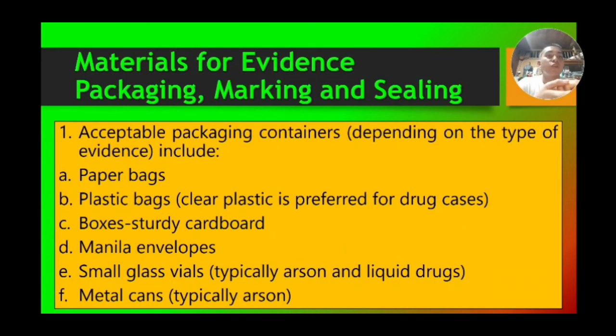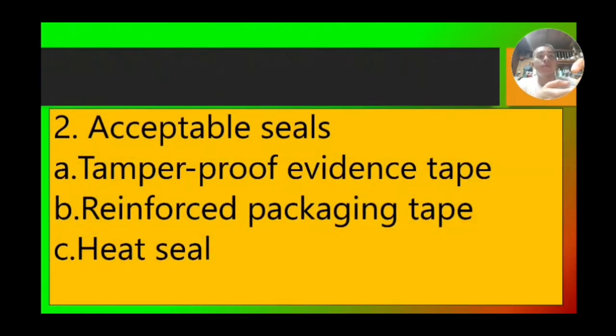Acceptable packaging containers depending on the type of evidence include paper bags, plastic bags, boxes, sturdy cardboard, manila envelopes, small glass vials, and metal cans. Acceptable seals are the tamper-proof evidence tape, reinforced packaging tape, and heat seal.